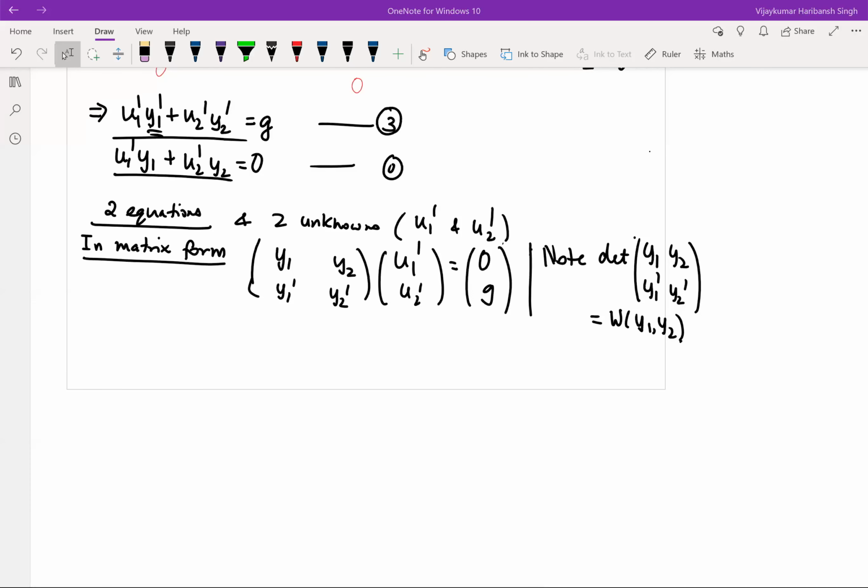So recall, we want to solve for u1 and u2, so we will use Cramer's rule.